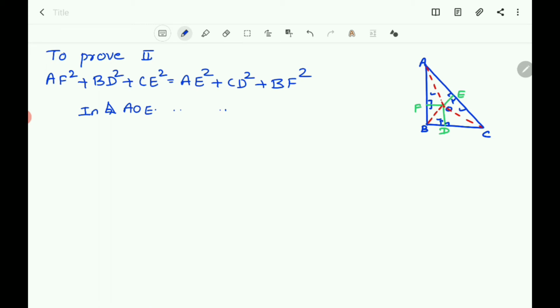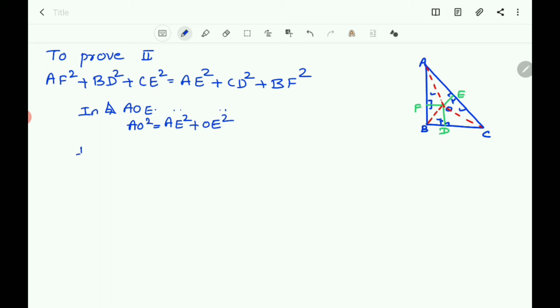In the right angle triangle AOE, AO is the hypotenuse. So AO square is equal to AE square plus OE square.